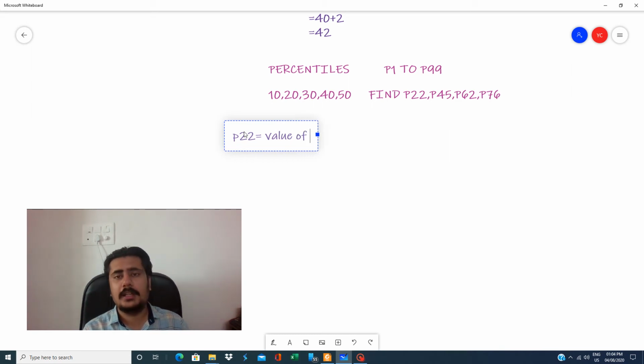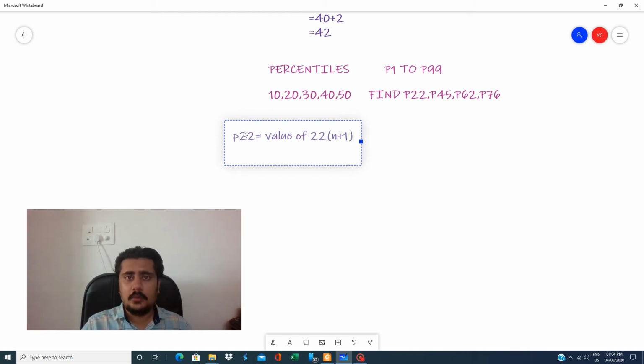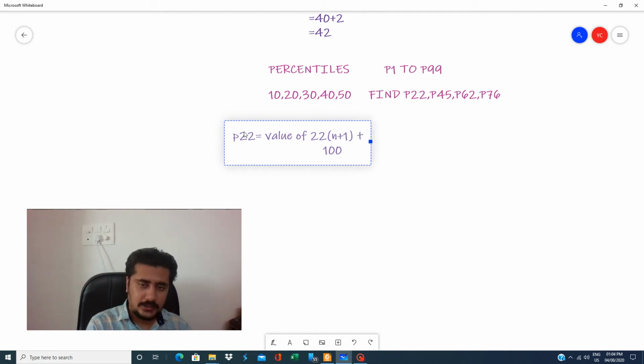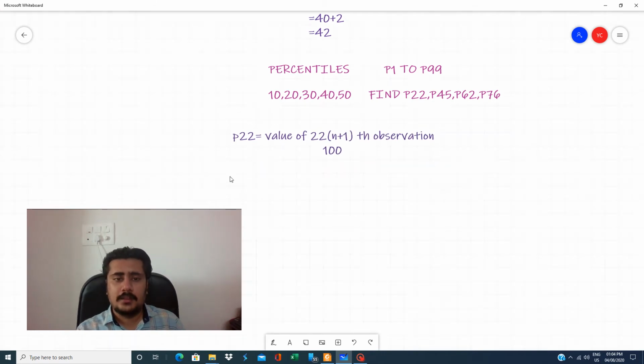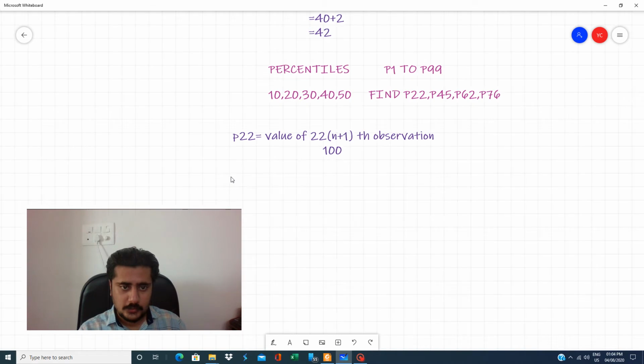How we will be writing the formula, sir? We will be writing like this: value of, this is P22, so you should start with 22, then n plus 1. Now it is percentile, so what we will be dividing it by? We will be dividing by 100 below that n plus 1. So it's 22 into n plus 1 upon 100 th observation.